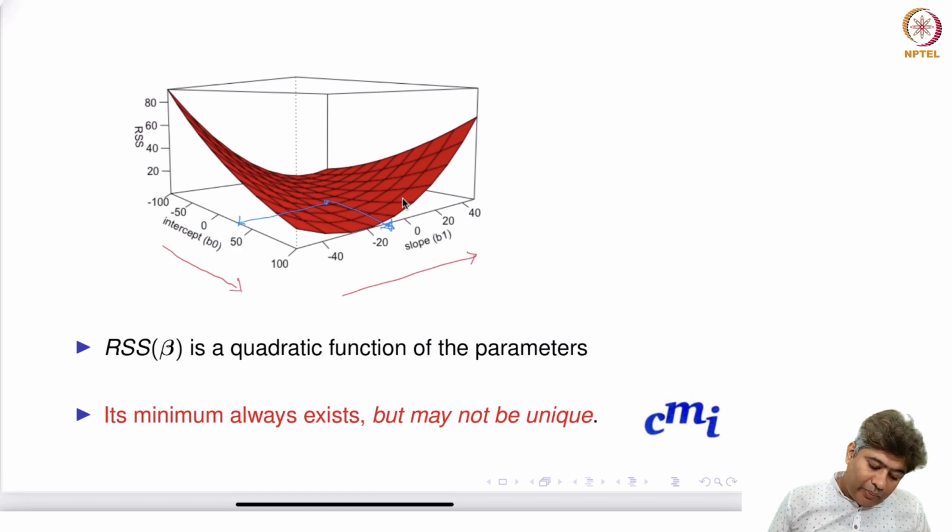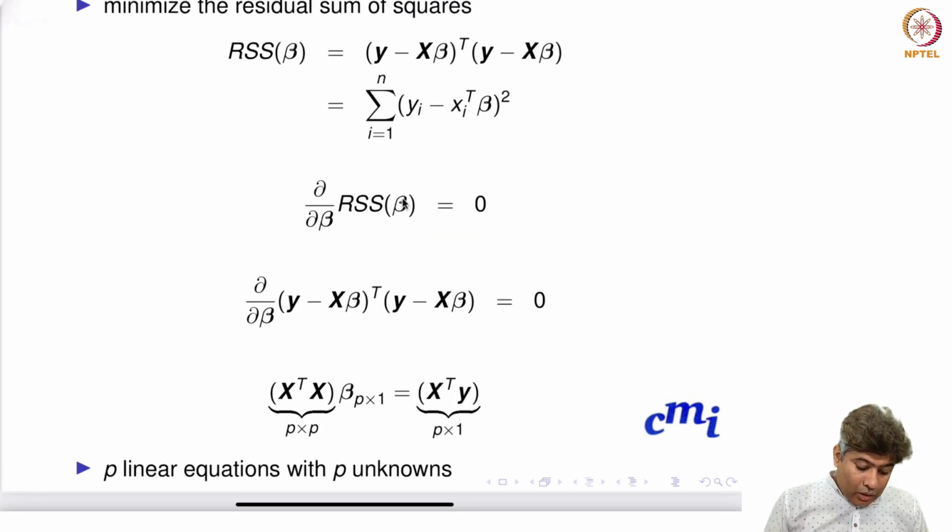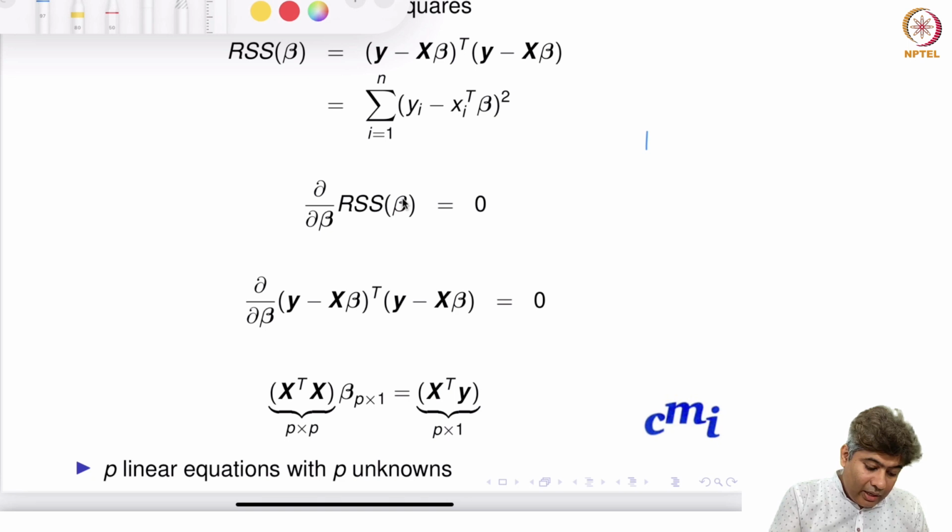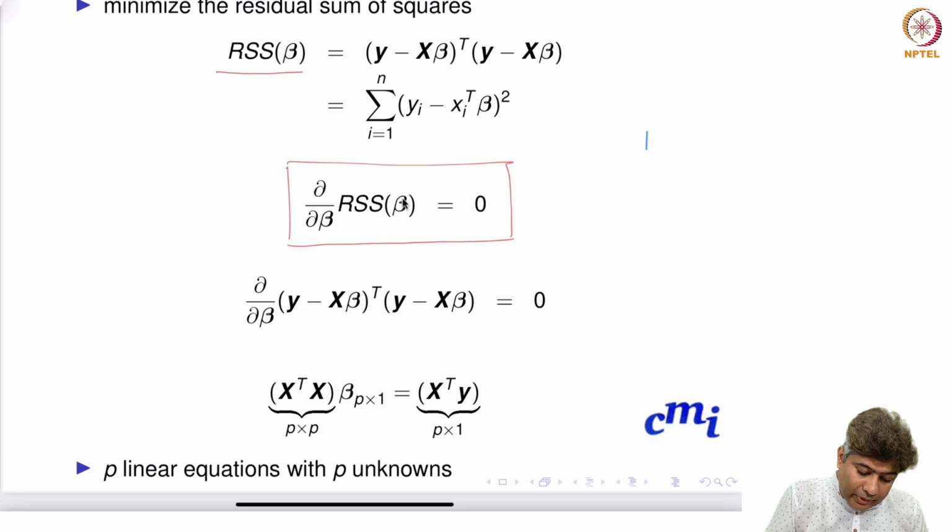Now, its minimum always exists. It turns out we can show that the minimum will always exist, but may not be unique, and we will discuss what I really mean by this. Minimizing the residual sum of squares of error: how can we do that? We can do that by differentiating the residual sum of squares of beta with respect to beta and setting it equal to 0.